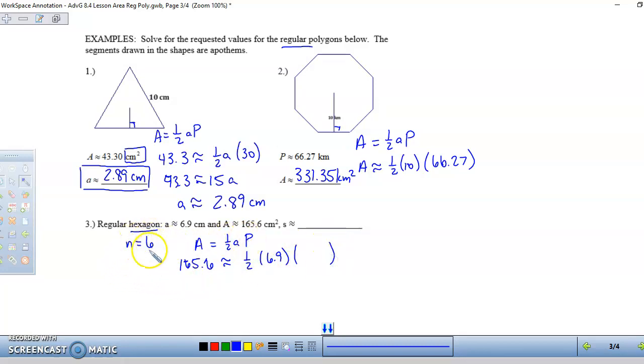I have the number of sides. So I have side length times the number of sides is the perimeter. That's how I'm going to figure out the S. You can multiply all these together and then divide over, but your S should be roughly 8 centimeters. If you're given, again, 1 decimal place, then 8.0 would be good.